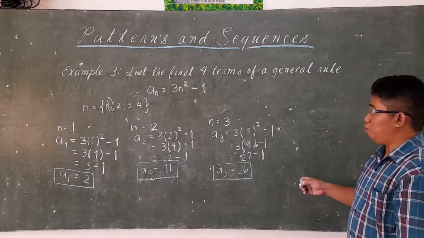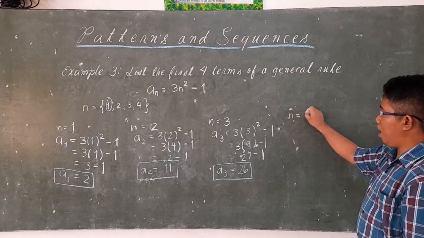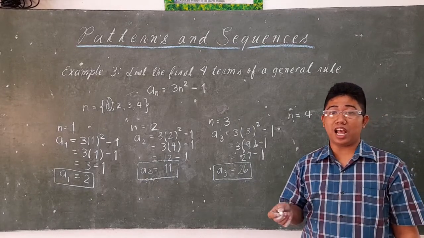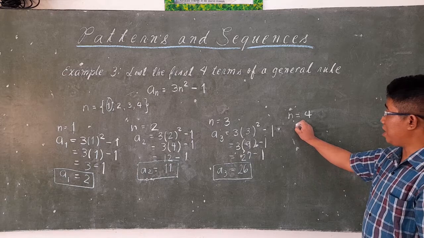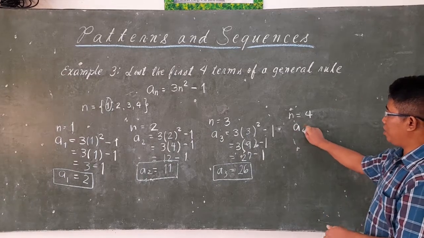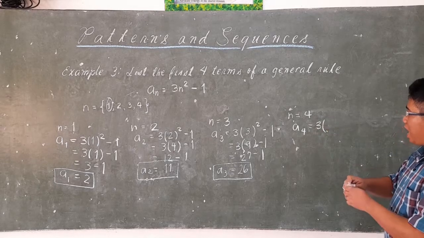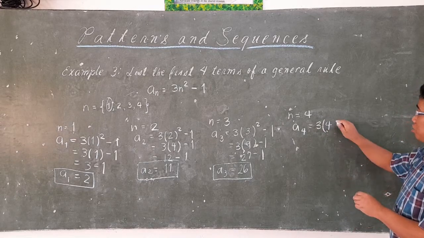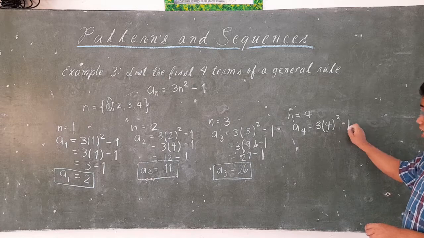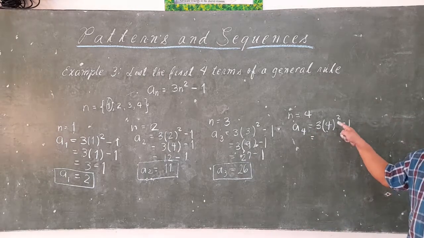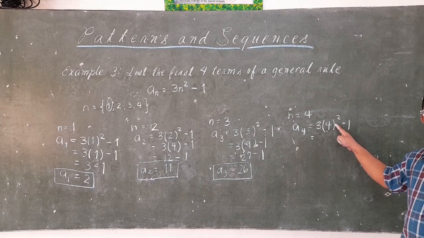And last, what if the value of n is equal to 4? So again, substitute the value of n in the general equation. So a sub n becomes a sub 4. So a sub 4 is equal to 3 multiplied by 4 raised to the power of 2 minus 1. So simplify the exponent. The value of 4 squared is 16.